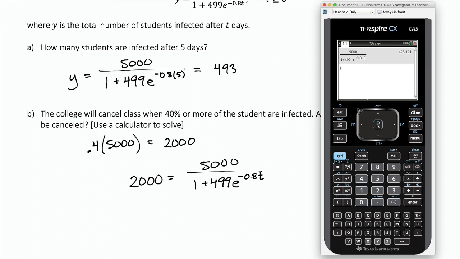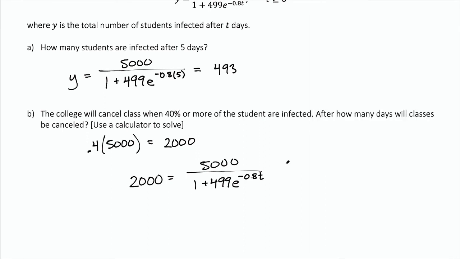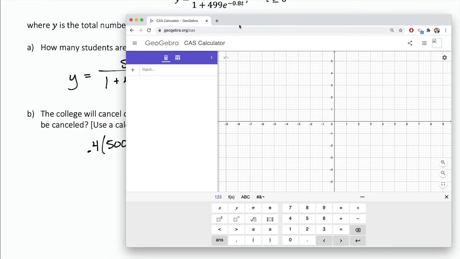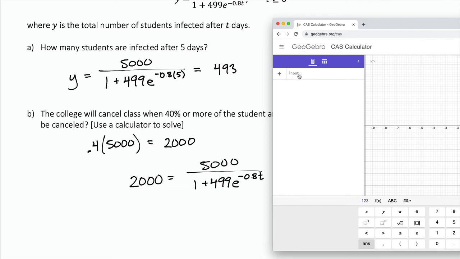There is a free Computer Algebra System calculator available online. That calculator is the GeoGebra CAS calculator. If you go to geogebra.org/CAS, this is a calculator that will do that for you. I'm going to type in how you do this. The syntax of typing this in can be a little strange.